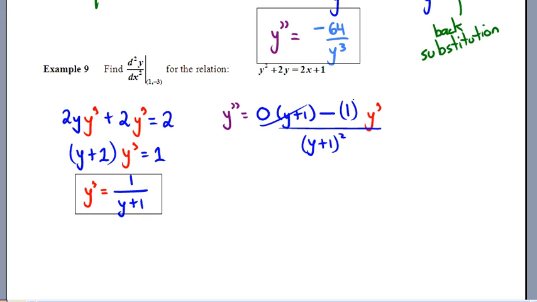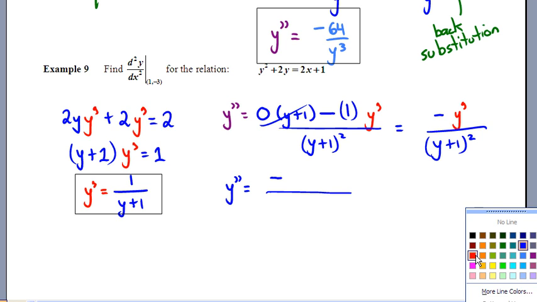Now, obviously, this is 0, right? That's gone. And so what do we have here, right? This is going to be basically just a minus y prime, all sitting on top of y plus 1 squared. Okay, well, that's going to be a complex fraction, but I know how to deal with those. We're going to have the negative of, let's just insert this in for y prime here now.